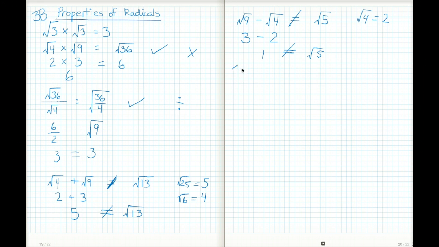We're going to write a general statement now after these examples that if I multiply some radical, and since I don't want to put a particular number in there, I'll just put an A. If I multiply some radical by another radical, the answer will be the same as if I first multiplied the numbers under the radical together, and then square root it. Okay, so that's one of the properties of radicals, that if you multiply them together, you can multiply the numbers first and then take the square root. The same thing goes for division.